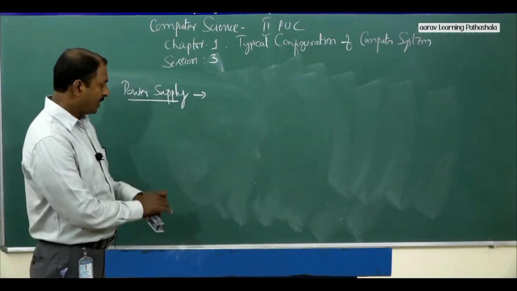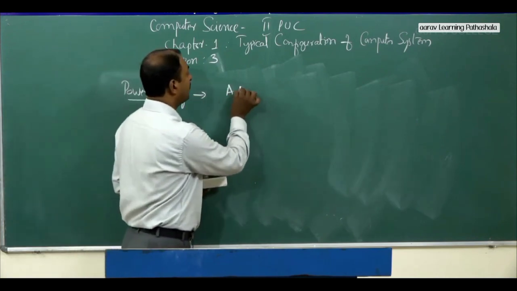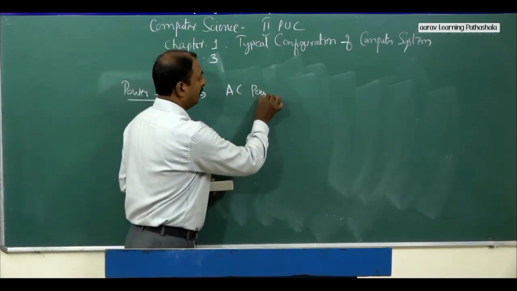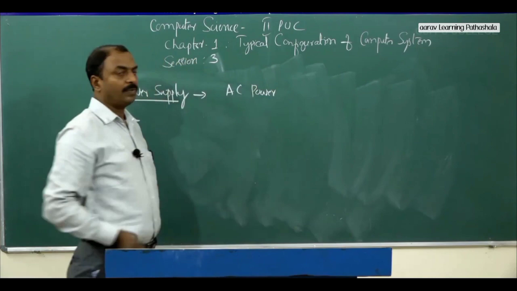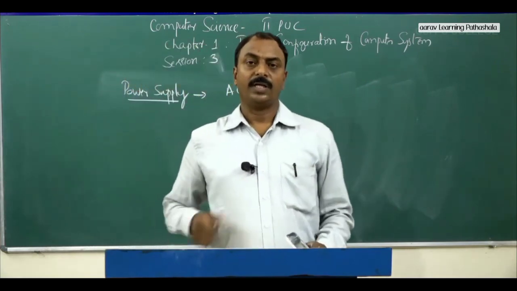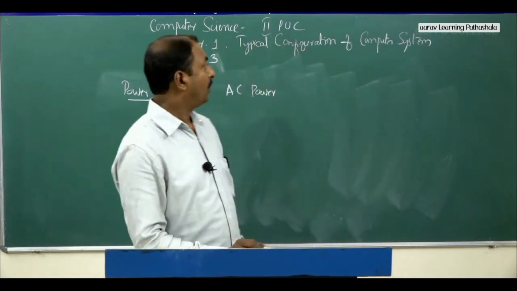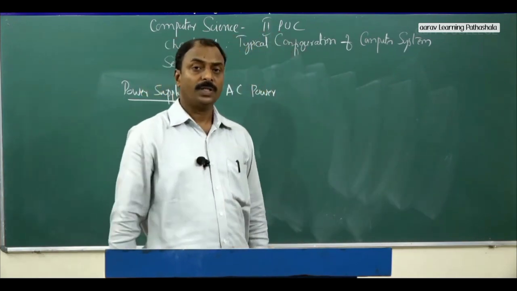Generally, when you talk about power supply, we are talking about AC power. Normally when you connect this CPU or your computer system through a power cable, it is on the rear side of your CPU.